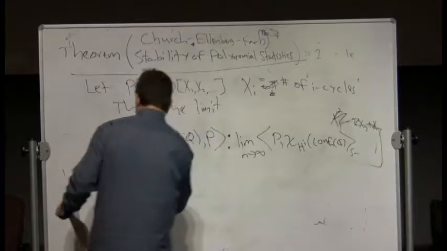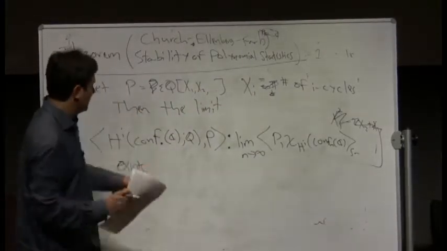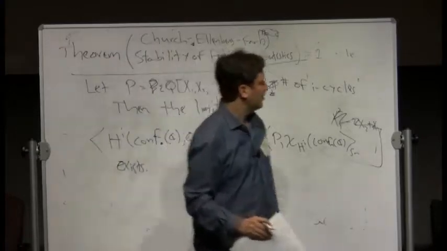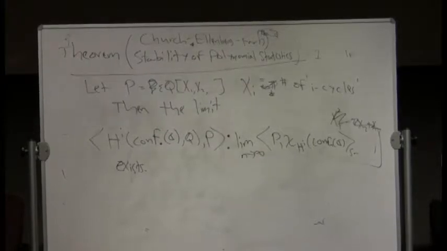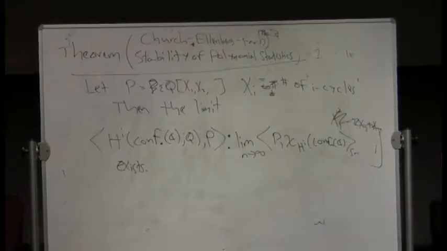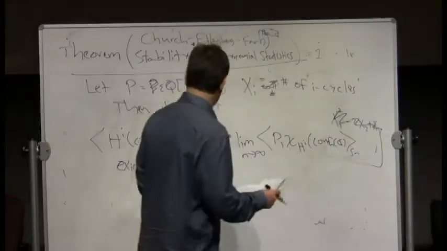So this limit exists. What does this limit mean? We took the standard representation, the permutation rep. Notice here you have this stability result: for each fixed i, as n gets big, this limit exists as n approaches infinity.